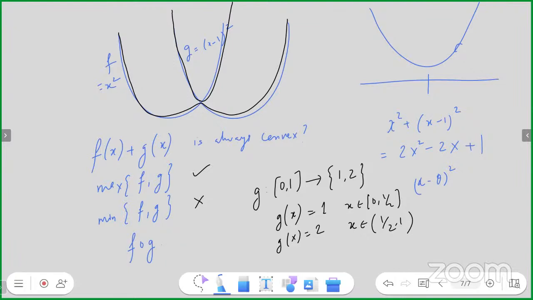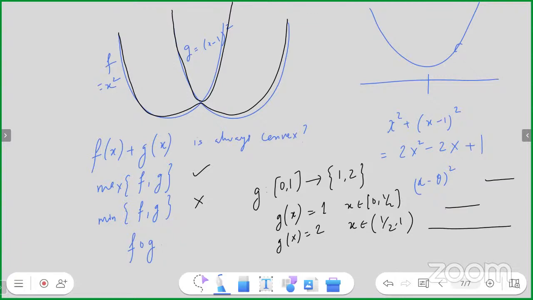But is g convex? Why? Yes, but it is having only two elements, right? It's not a set anymore. We're talking about a function. So it is flat here, and then it's flat here. So is it convex or not convex?